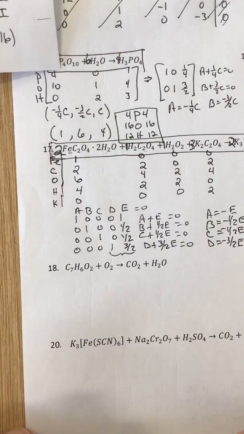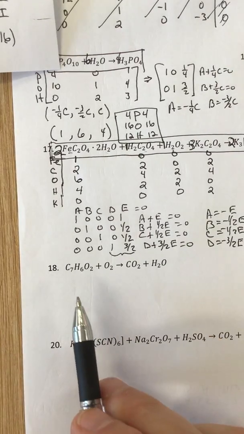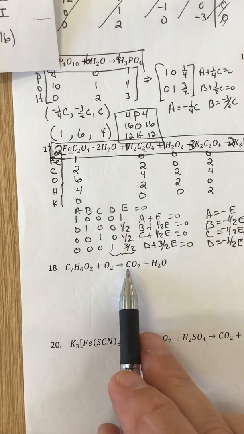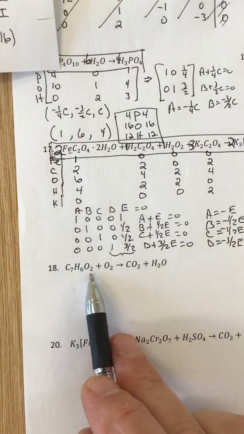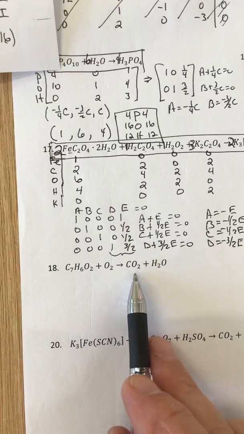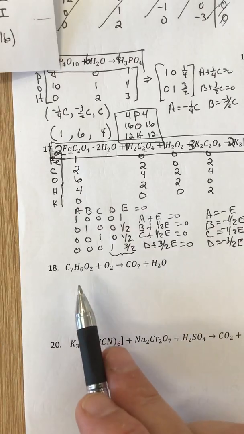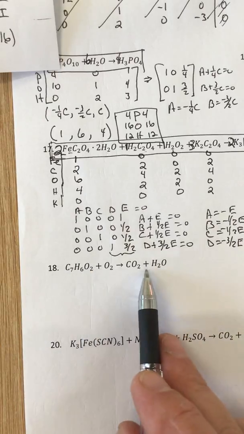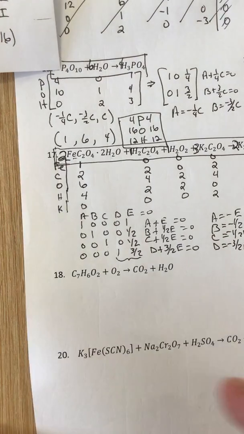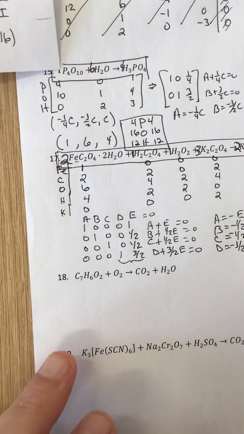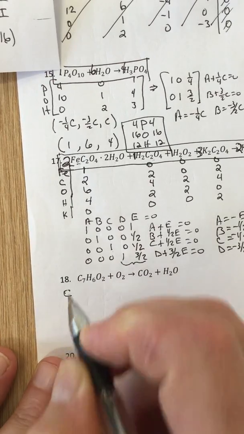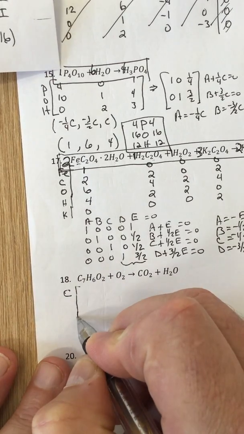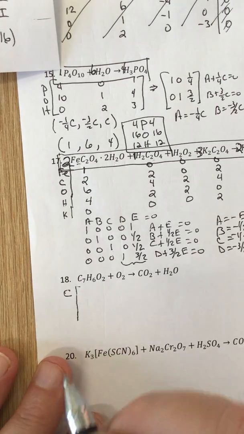All right, 18 looks a little bit shorter. Now, if we had to do this by hand, though, trying to get this 7 to go to a 1, I got a 7 and a 1. Then for oxygens, I got 4 against 3. That's hard. Hydrogens, 6 against 2. These are weird numbers to try to get common. But we don't care with our matrix. The matrix doesn't care how ugly they are, how far apart they are.